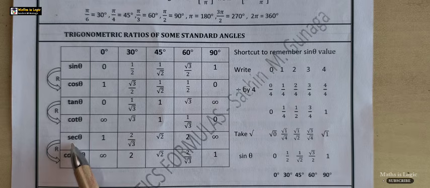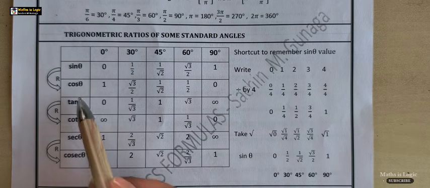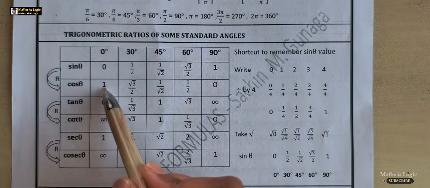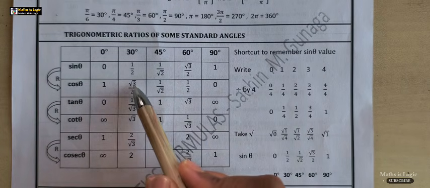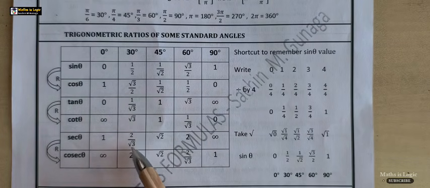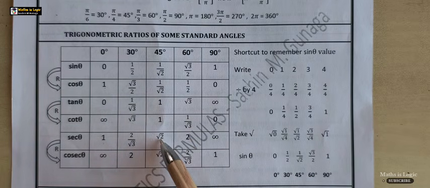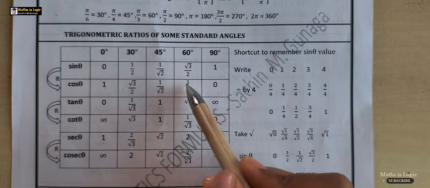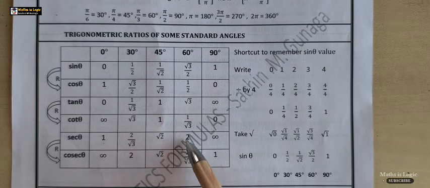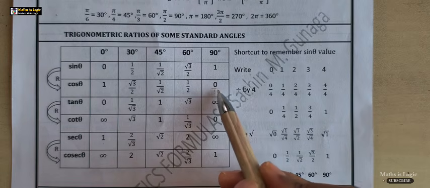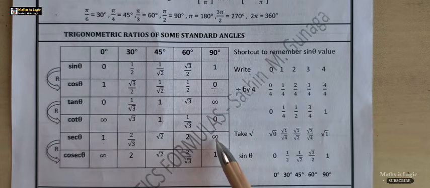Next, to get the sec theta value, take the reverse of cos theta. So reverse of 1 is 1, reverse of root 3 by 2 is 2 by root 3, reverse of 1 by root 2 is root 2 divided by 1, means root 2, reverse of 1 by 2 is 2 by 1, that is 2, and reverse of 0 divided by nothing, means 1, the reverse is 1 by 0, 1 by 0 is nothing but infinity.